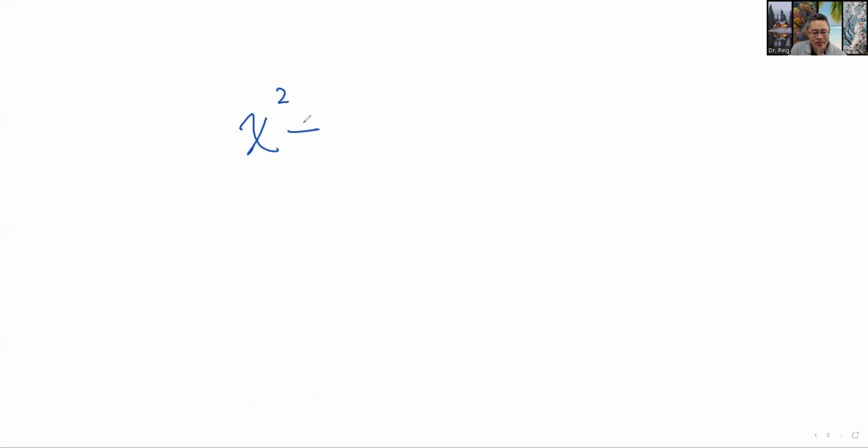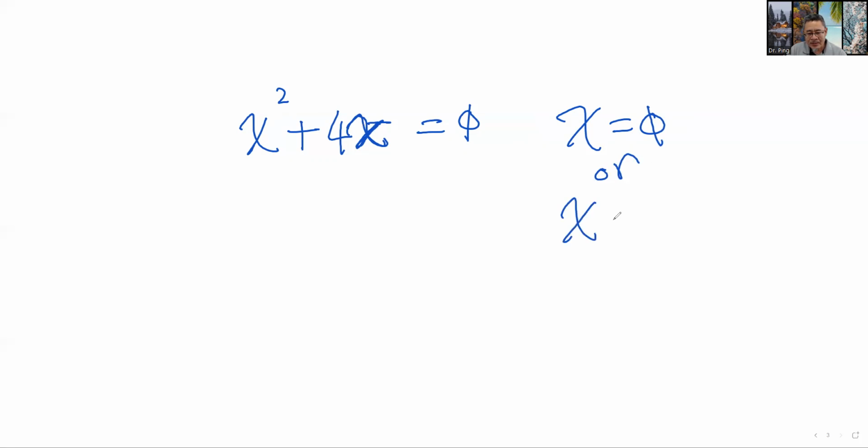X squared plus 4x equals 0. What's our solution? So either x would equal 0 or x plus 4 would equal 0, because this one is x plus 4, right?